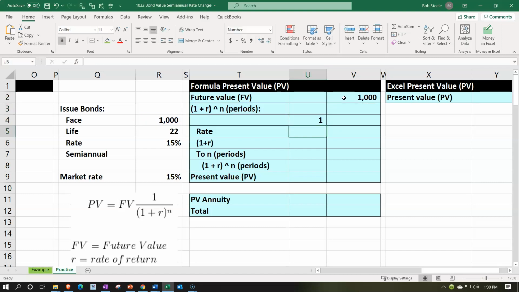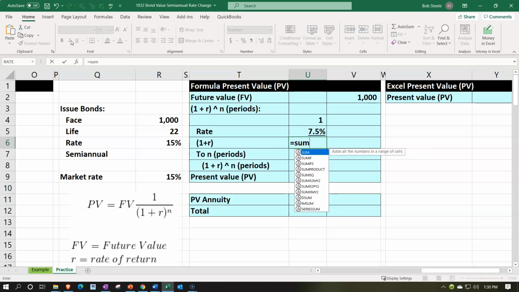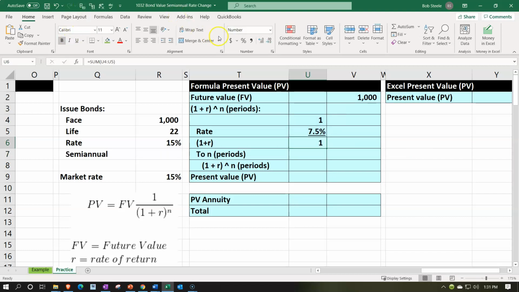So 1 plus r, the market rate at 15% but divided by 2, making it a percent in the number group, adding decimals, 7.5. Font group, underline, adding this up with the trusty sum function, equals SUM of those two cells. Number group, making that a percent, the 108, a couple more decimals there, so it's 107.5.